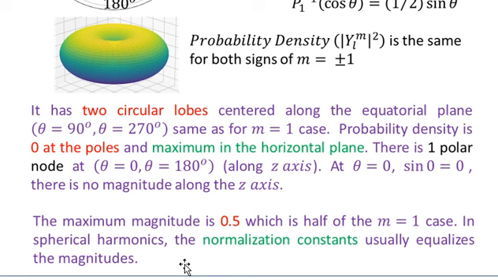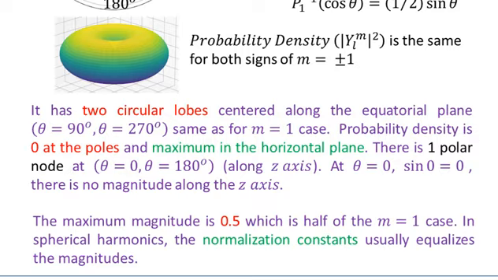The spherical harmonics are written as Y_lm, and the probability density is given by the absolute square of Y_lm for the value of l and m. You will notice that in spherical harmonics, the normalization constants usually equalize the magnitudes, and the probability densities for the two cases, that is with m equal to ±1, will be identical, will be the same.